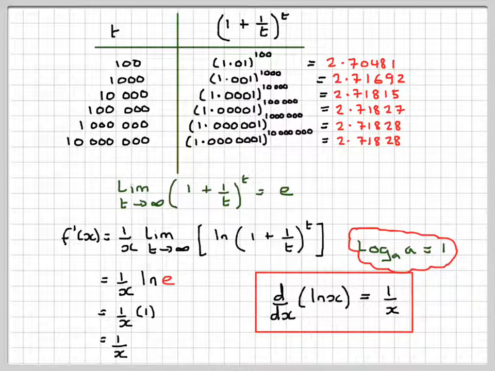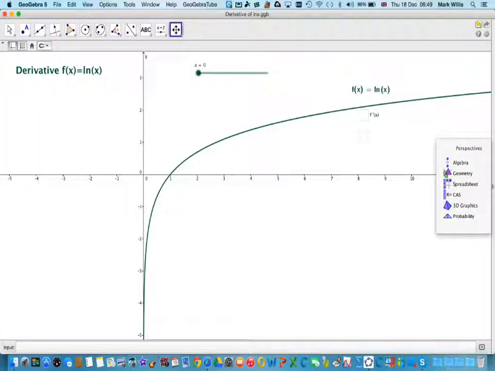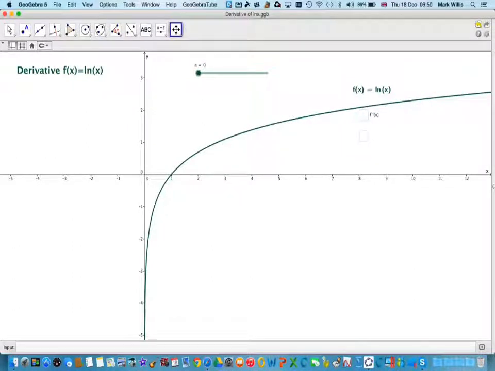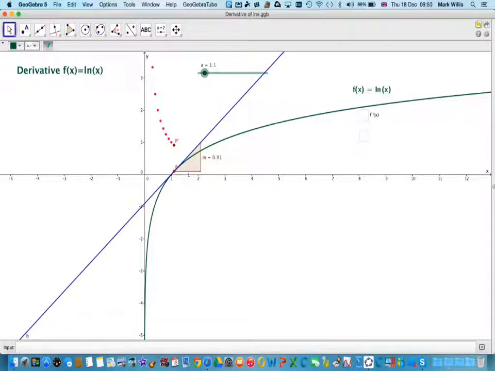Now if we look at this graphically, using a GeoGebra file, here I have the graph of ln of x. I have a slider here. If I move my slider, I can see the tangent and I can see the curve of the derivative being formed here.